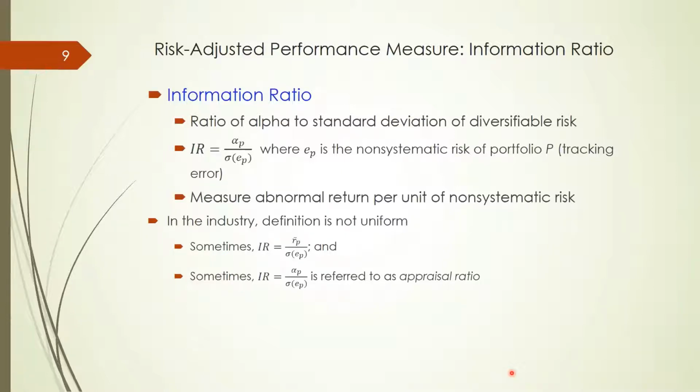Sometimes people define the information ratio using excess return scaled by diversifiable risk, or sometimes they refer to the information ratio defined in the book as the appraisal ratio as opposed to the information ratio. But keep in mind, our test will focus on the textbook defined ratio.